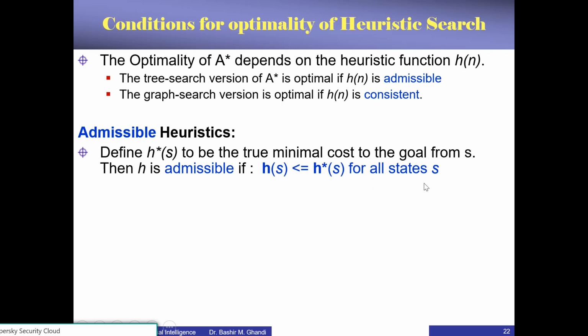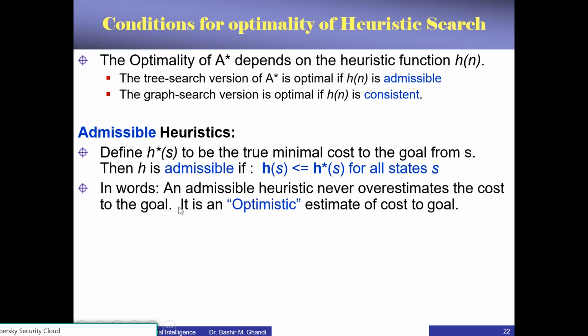In other words, a heuristic function is said to be admissible if it never overestimates. It always gives you a value that is either less or equal to the actual minimum, but it never gives you something more. So if a function is like that, it is said to be admissible.